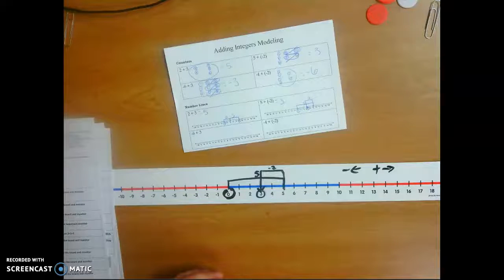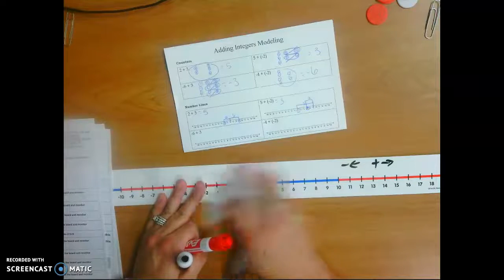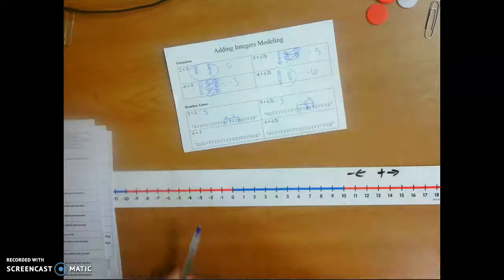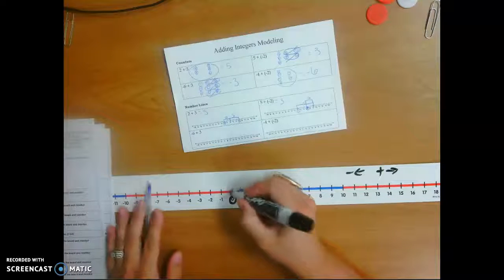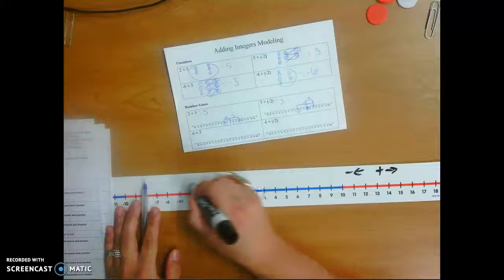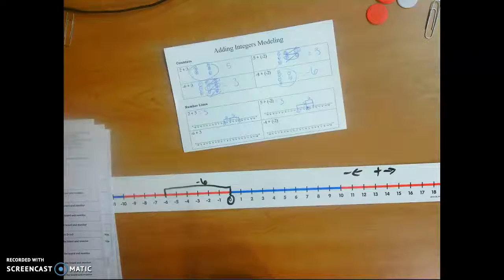Alrighty, our next problem is a negative 6 plus 3. They're starting at 0. They start at 0 and move negative 6. Then they are going to add 3 to this. In which direction do we move if we are adding 3?